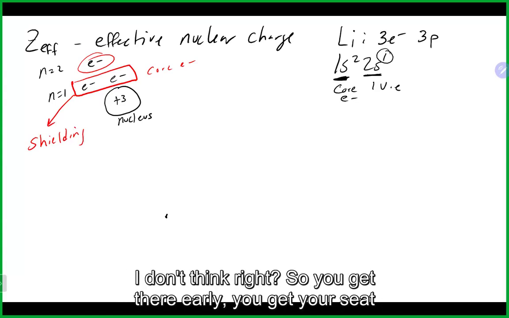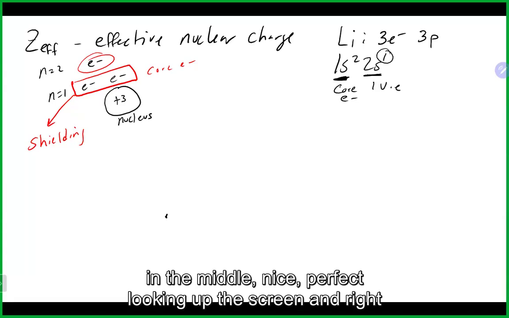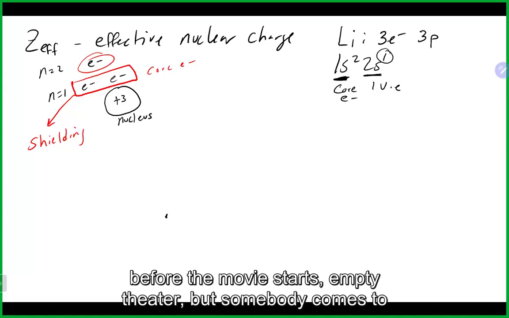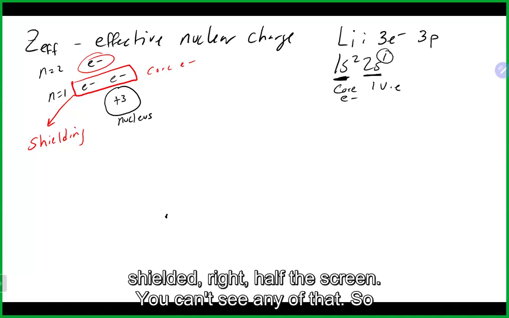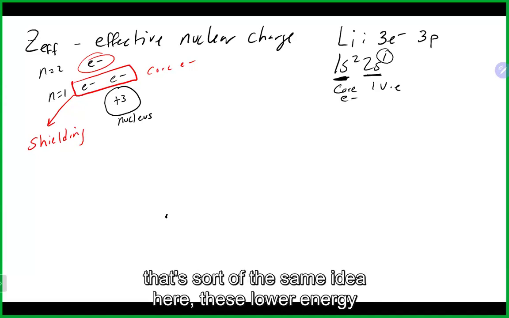Can't do that anymore, I don't think. So you get there early, you get your seat in the middle, perfect looking at the screen. And right before the movie starts, empty theater, but somebody comes and sits in front of you with a big giant hat. Now you're shielded, half the screen, you can't see any of that. So that's sort of the same idea here.